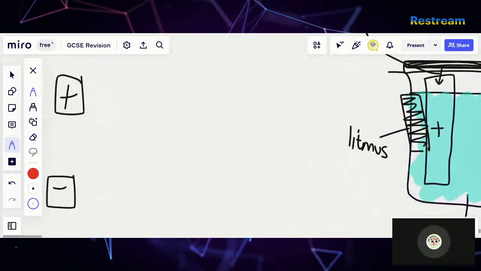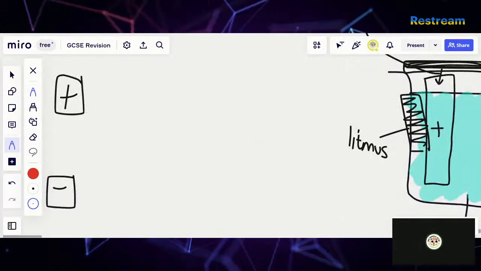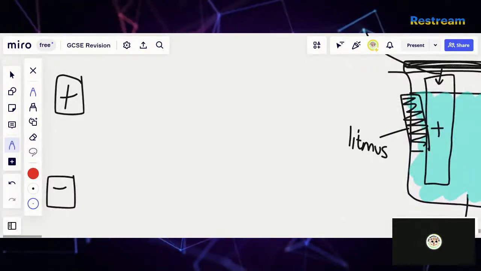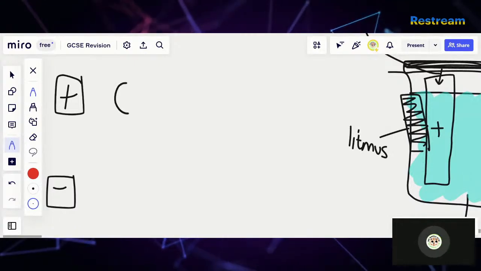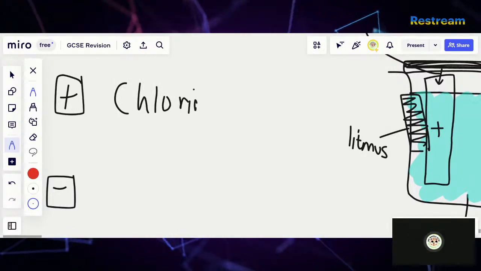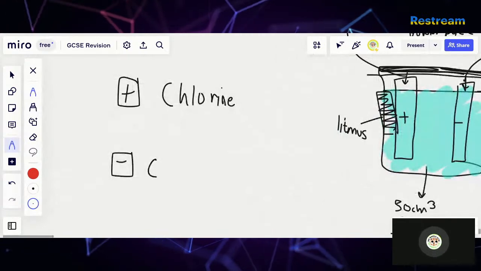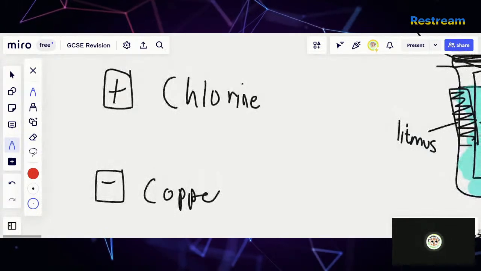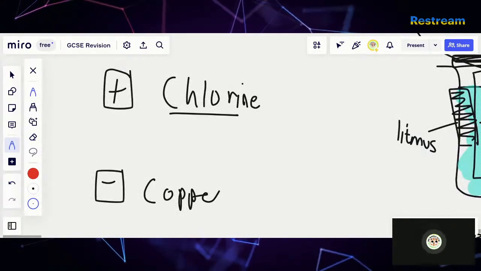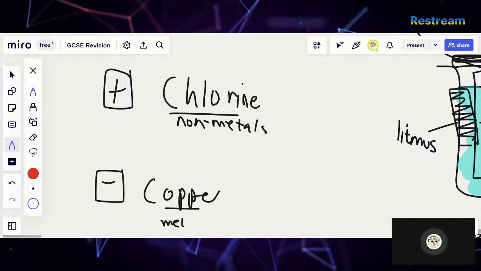We see the chlorine go to the positive electrode, and as we said, we see the metal come to the negative, which in this case is copper. So we see the non-metals go to the positive and the metals go to the negative.